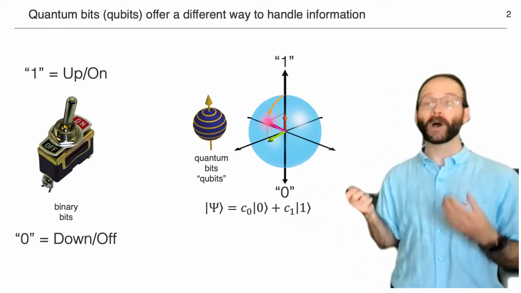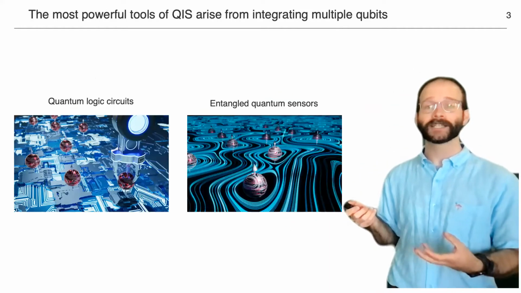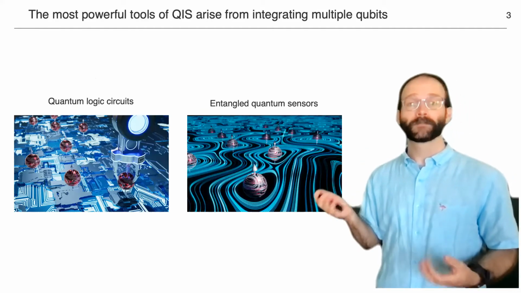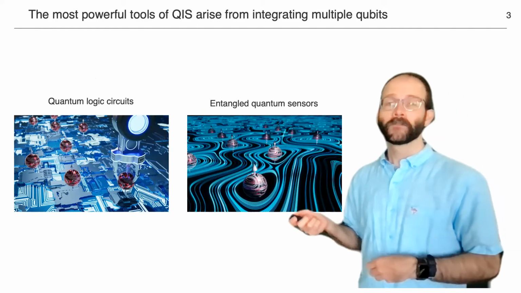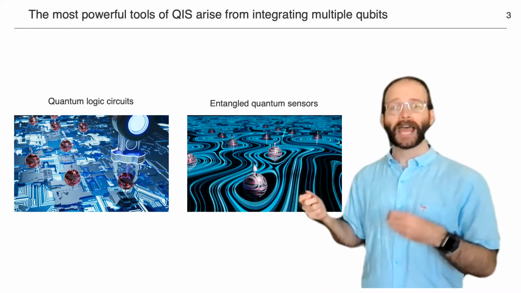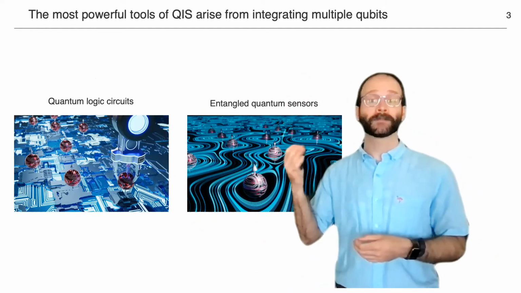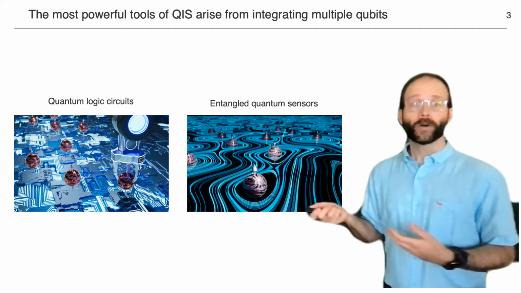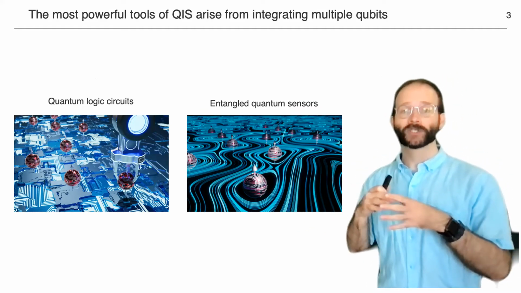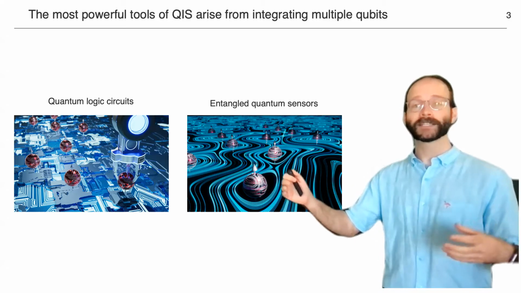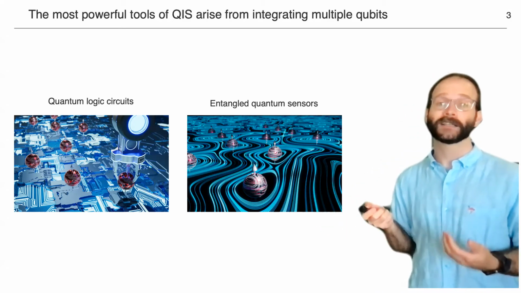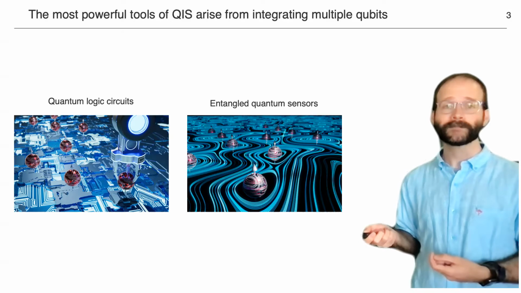But the most potent applications of quantum information science arise from integrating multiple quantum bits into complex solutions. For example, building up a quantum computer that uses quantum bits as quantum memories and elements of quantum logic circuits, or building up quantum sensors using entangled states distributed across multiple sensing elements that can sense physical properties better than the classical limit would dictate.